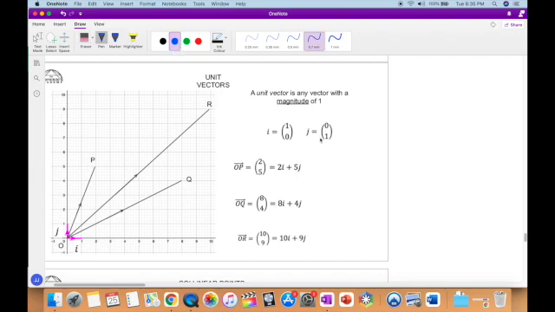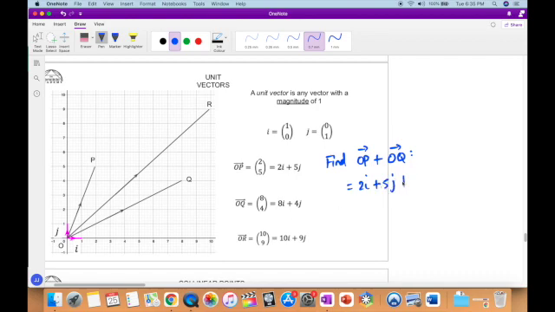But then they might probably ask you, well, all right, find OP plus OQ, right? And you could come now and you could go, well, OP is 2I plus 5J, right?